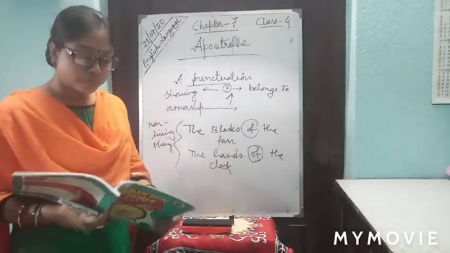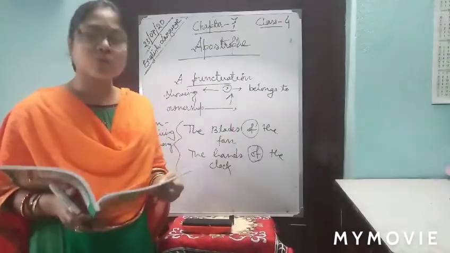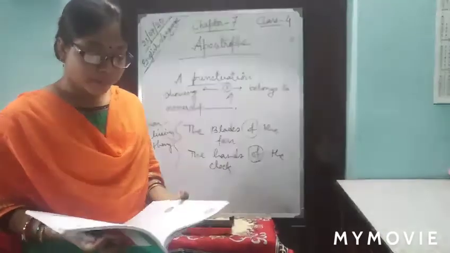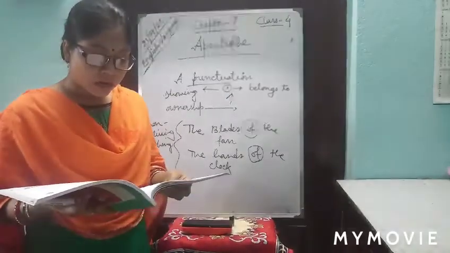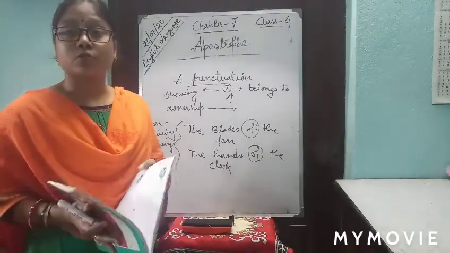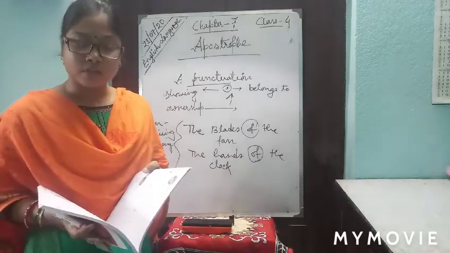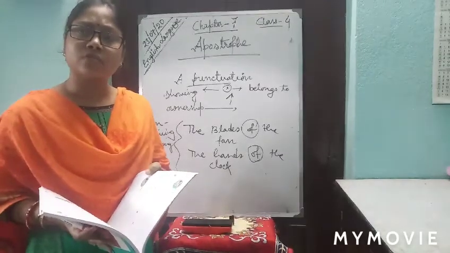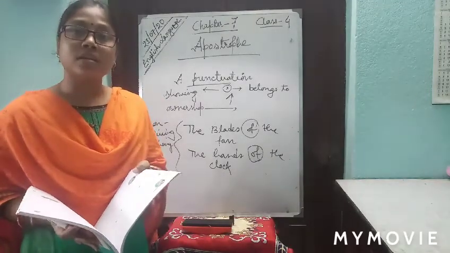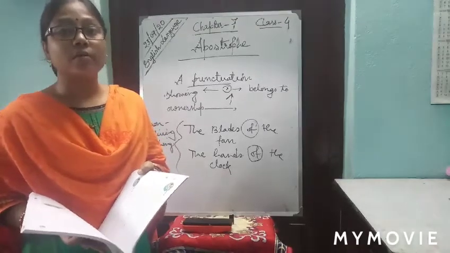So this class is for that only. Just go through these two different rules, living and non-living nouns, and the use of the apostrophe. Next class we'll discuss where to use the apostrophe, especially with singular and plural. Words look the same but the meaning is different because of the apostrophe, so it's very vital to understand where to use it with singular and plural.